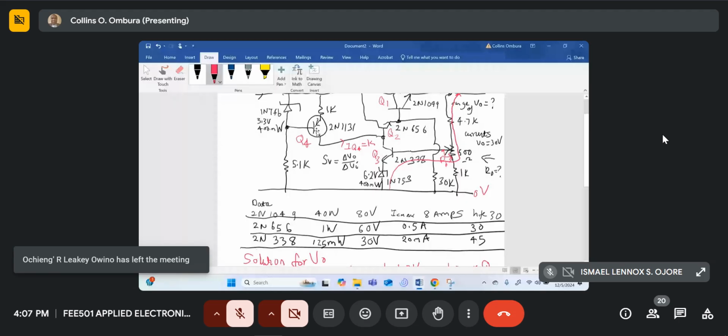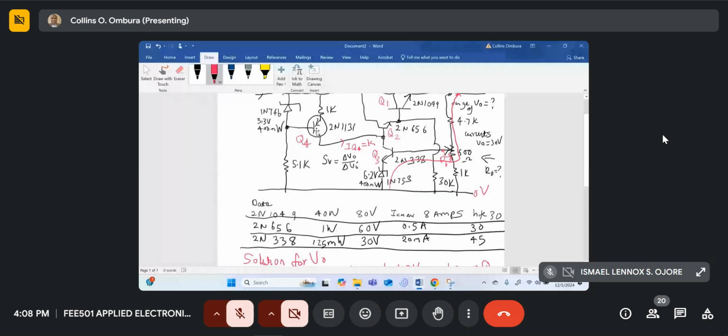The next important point is IQ4. IQ4 here is actually a constant current. So IQ4, or you can call it ICQ4, will be VZ minus VBE of Q4 over RE of Q4, which is 1K.